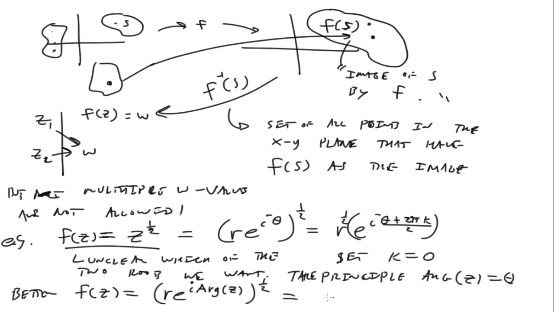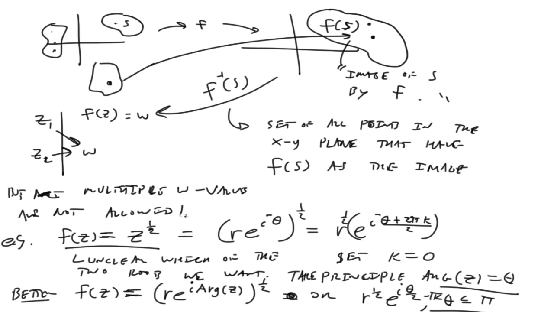Or we can write this another way as r to the 1/2 e to the i theta over 2, where theta then is between pi and negative pi. All right, and that, of course, is the principal argument. So those are now better ways to write this function. So now it is a function that is not multiple valued.